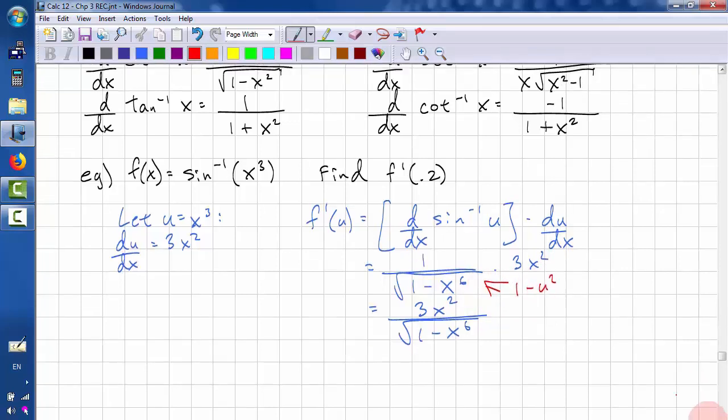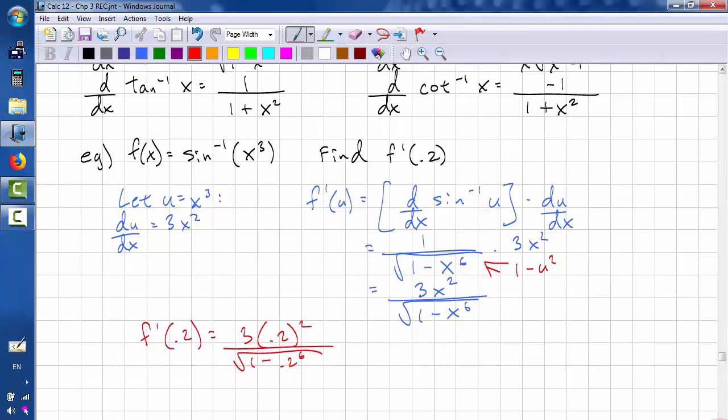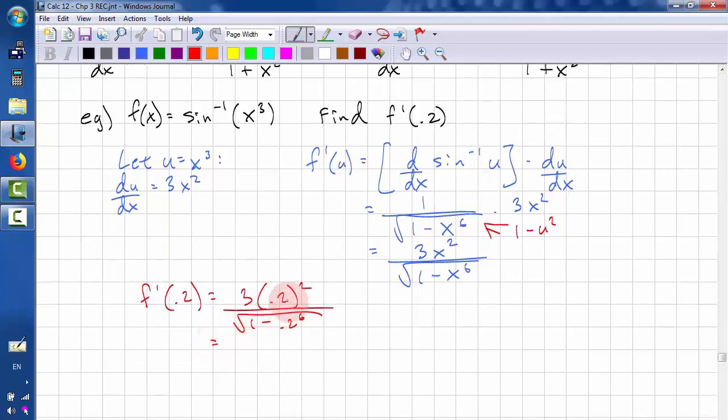Okay, and just a reminder, this was 1 minus u squared. We need to evaluate this at point 2. So f prime at point 2 equals 3 times 0.2 squared over the square root of 1 minus 0.2 to the power of 6. This equals 0.04, so we have 0.12 over the square root of 1 minus 0.2 to the power of 6, which is 0.000064.